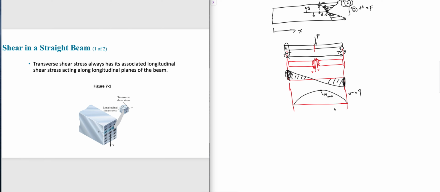So in this class, due to this maximum shear force occurring at the edges, due to this V, what happens to tau? Tau is shear stress, sigma is normal stress. This is normal stress, and this is shear.